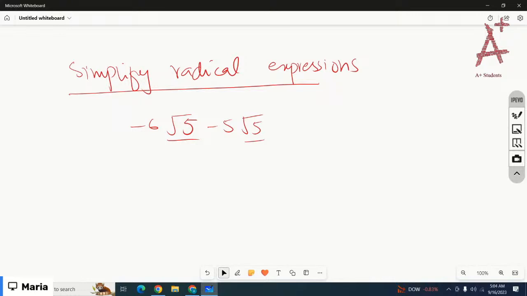Okay, so we can take common square root 5 and we are then left with negative 6 minus 5, right? So negative 6 minus 5 makes negative 11, so that would be negative 11 square root 5, right?